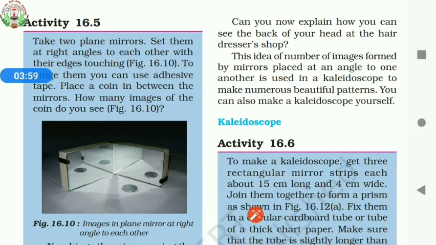To hold them, you can use adhesive tape, that means join both the mirrors with the help of an adhesive tape, sticking tape. Place a coin in between the mirrors.